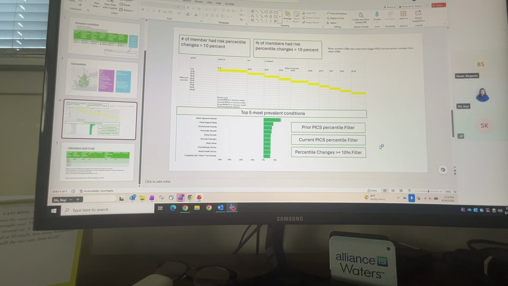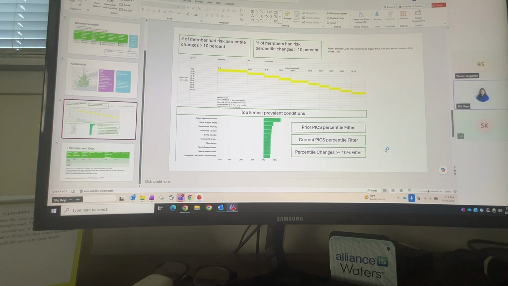Yeah, and I also think about the column that you have, like members who have the biggest percentile changes. Yes. Like what drives them? Oh yeah, a kind of reasoning column which shows why there has been a huge drop or increase in their condition.